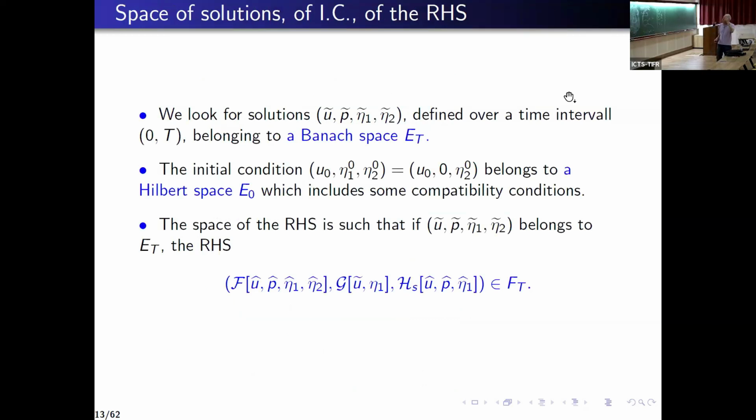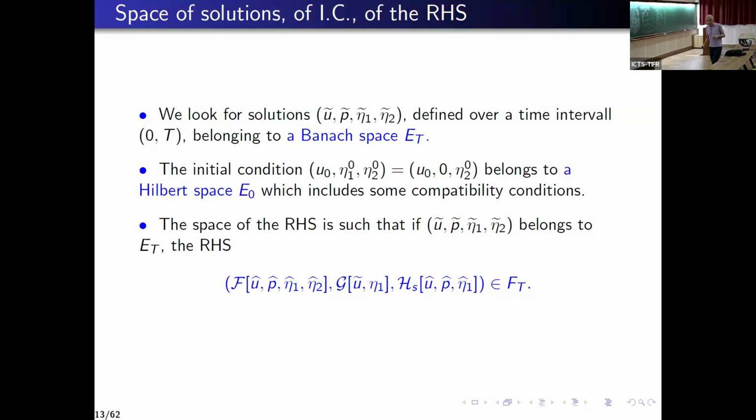Okay, and so for that, I have to specify the functional space in which I'm going to write everything. So I need the space E in which I'm looking for the solution. I denote it by E, indexed by the terminal time t.